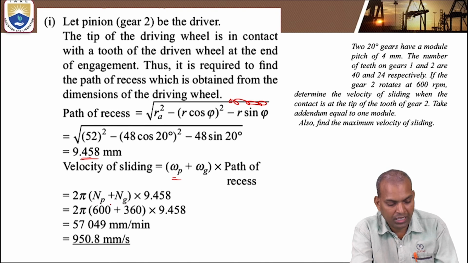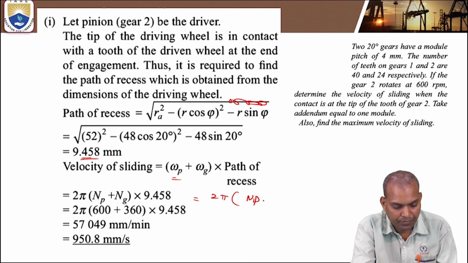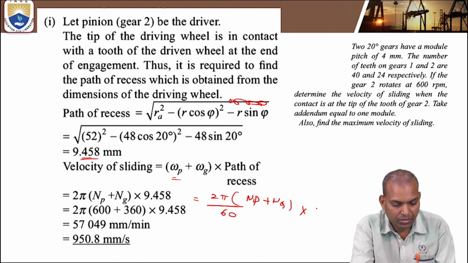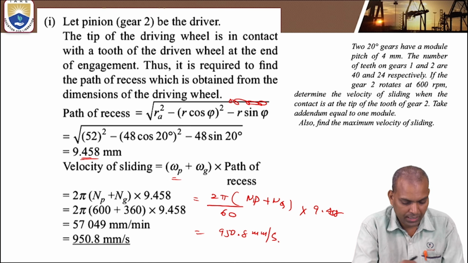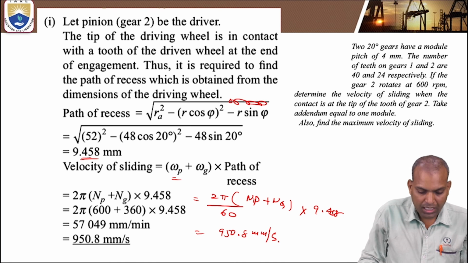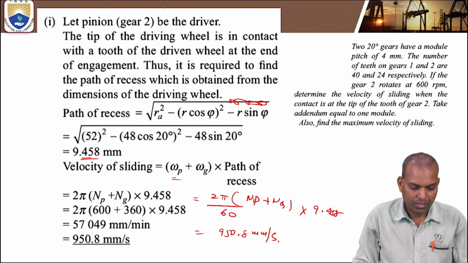If you want it directly per second, it is 2 pi times Np plus Ng by 60 into the path of recess, that is 9.458. Then it comes to 950.8 millimeter per second. Thus objective 1 was solved here.